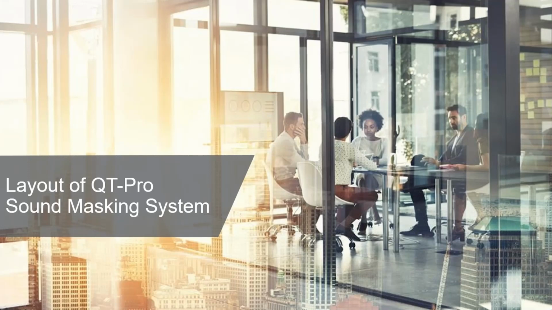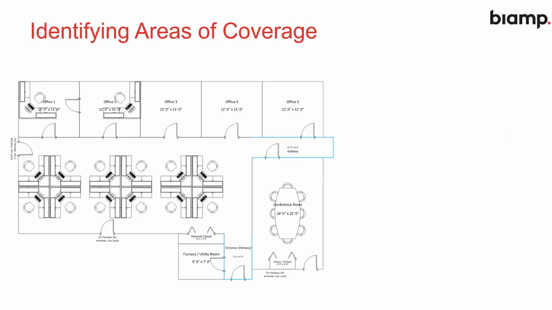So how do we go about designing a QtPro sound masking system? The first thing we need to consider when we're doing this is to identify the areas of coverage. So in doing so, we need to consider within the area which areas are acoustically similar rooms.